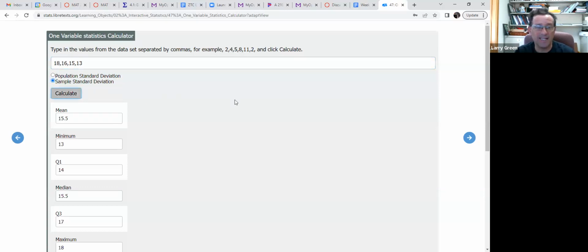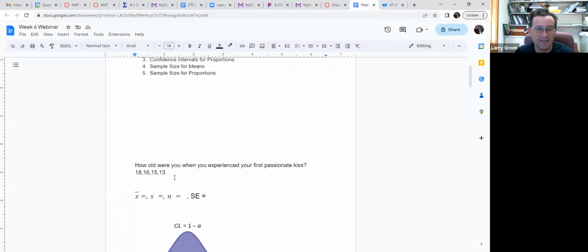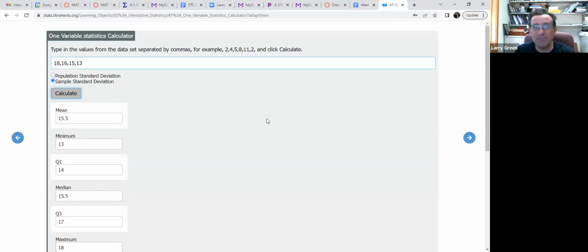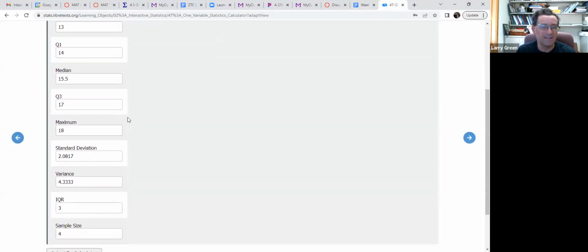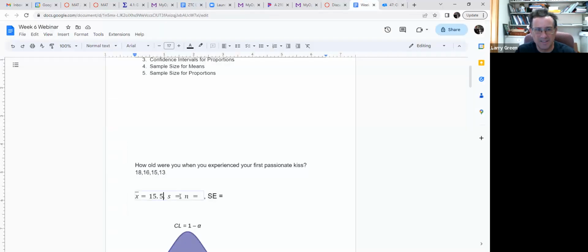I hit calculate, and this will give me my sample mean, 15.5. So let's put that in. It'll give me my sample standard deviation, which is about 2.08, good enough. It will give me my n, which I already know, that's 4.